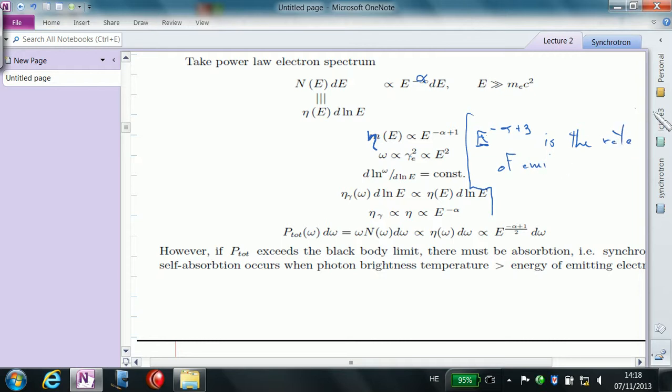Well, let's just say it's the emitted power by electrons.